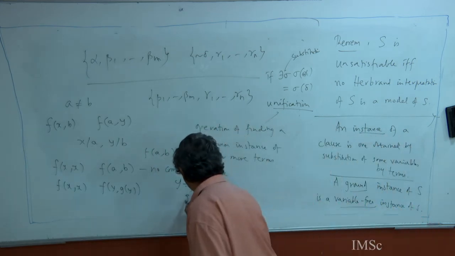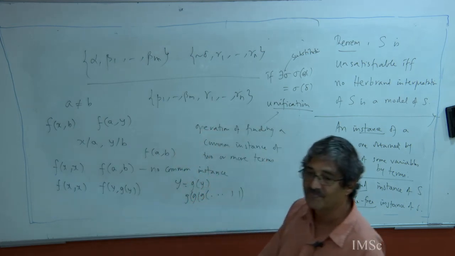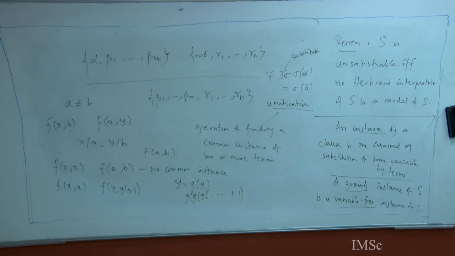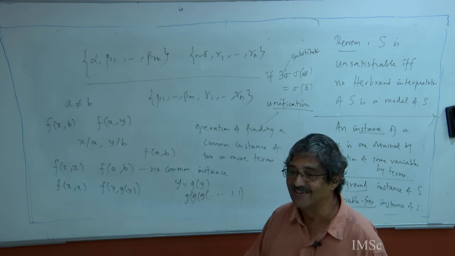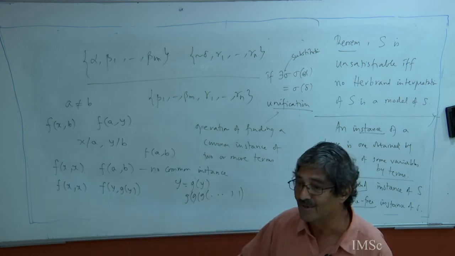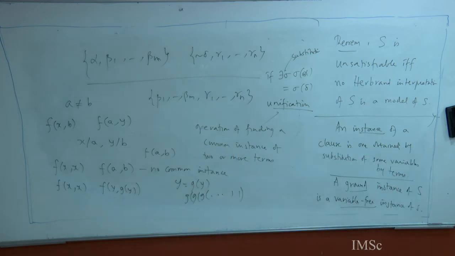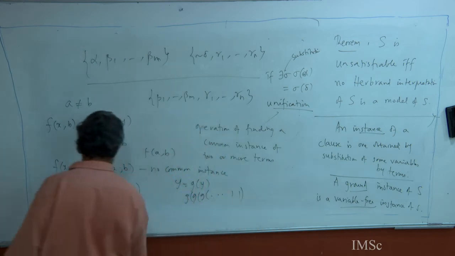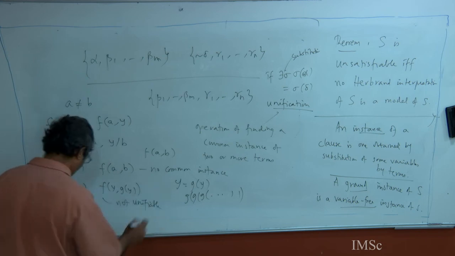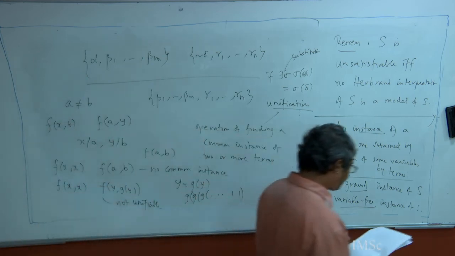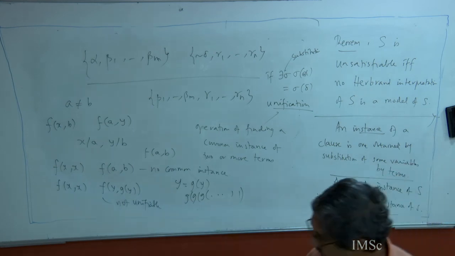That means you have to have a term like g of g of g of, yeah, that's an infinite term, and we don't have infinite terms in the syntax, right? Of course you could have infinite terms instead of terms as trees, like I always said, right? You could think of terms as infinite trees and do the job, but that's a different game altogether. We don't have that. So these two are also not unifiable. And this is at the heart of unification.